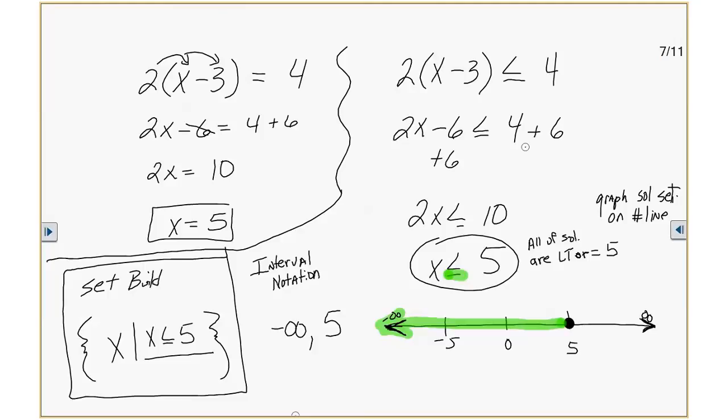Is it inclusive or is it exclusive? Inclusive would mean I can give you a number. Exclusive means I can't give you a number. So, what's the answer? Parenthesis or bracket? Parenthesis. Infinity always gets parentheses.